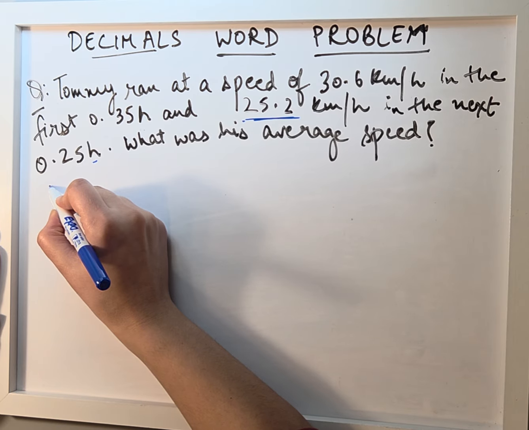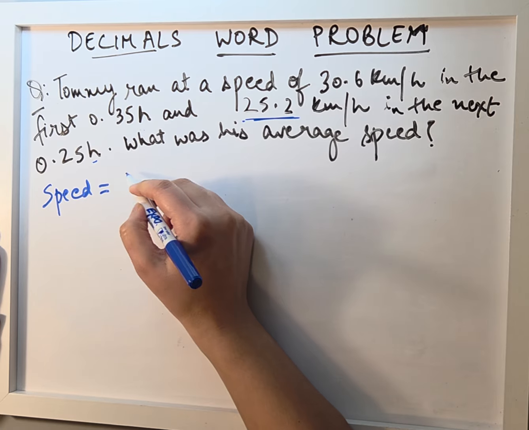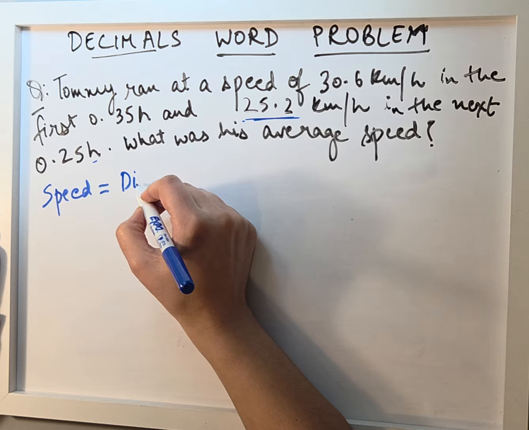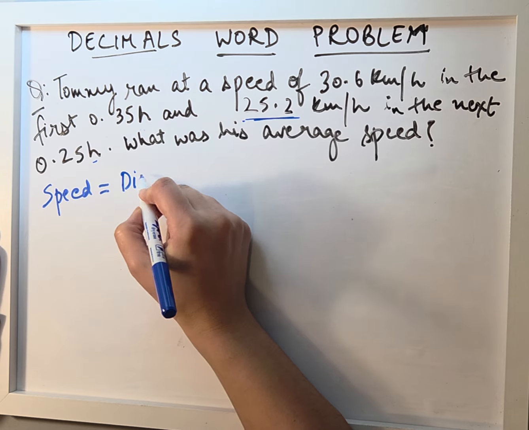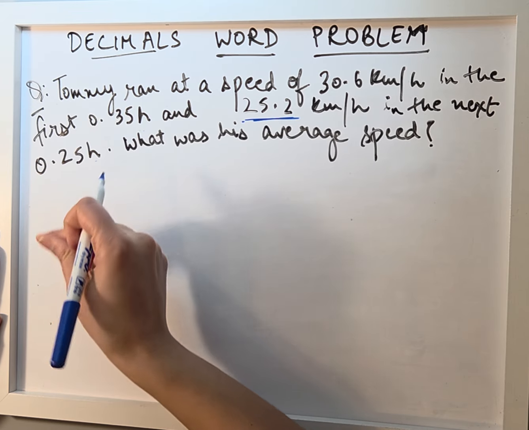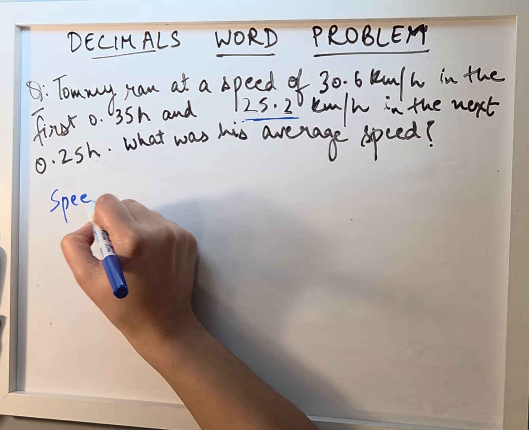Okay, so first, what is speed? Speed is equal to distance, so speed into time gives us distance.